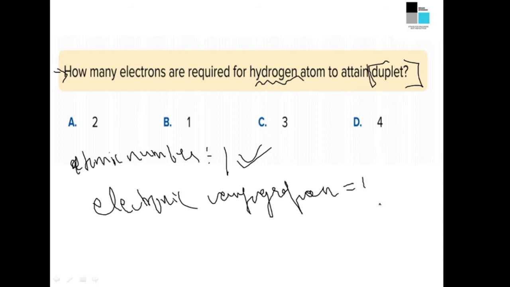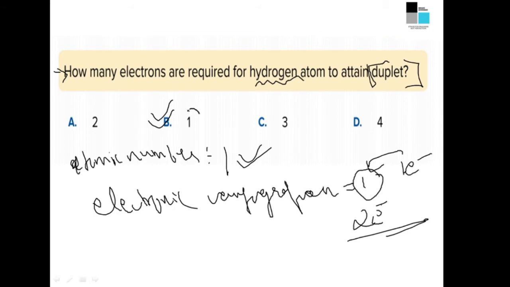But it has only 1 electron in its outermost shell. So it requires 1 more electron; 1 plus 1 gives 2 electrons in the outermost shell and it would become stable. So the answer would be B. It requires one more electron to attain its duplet state.